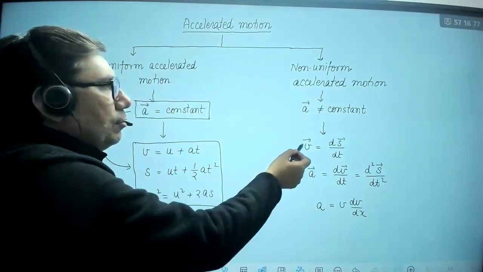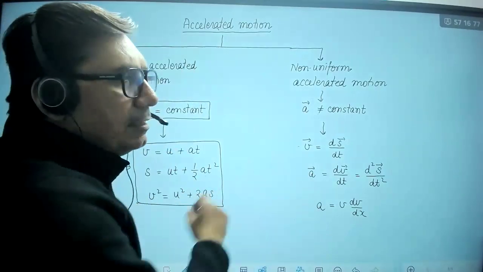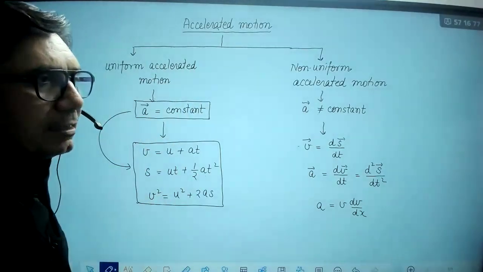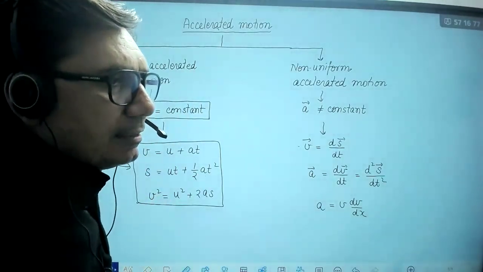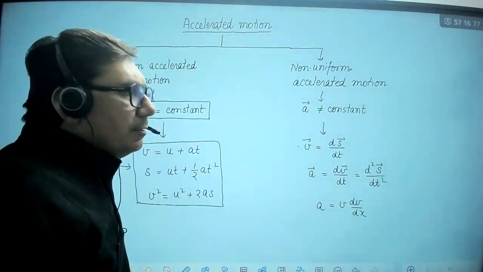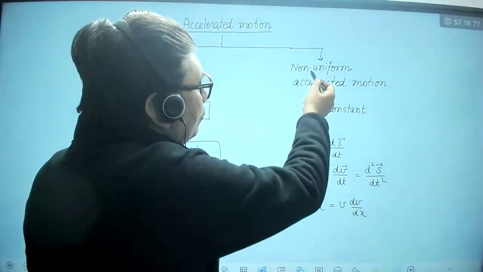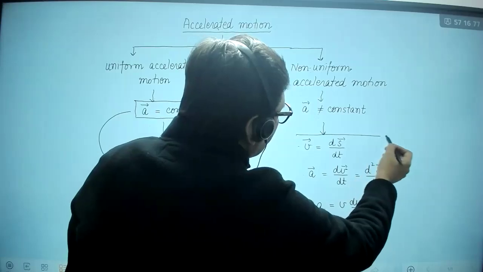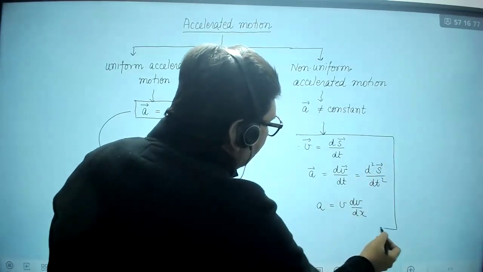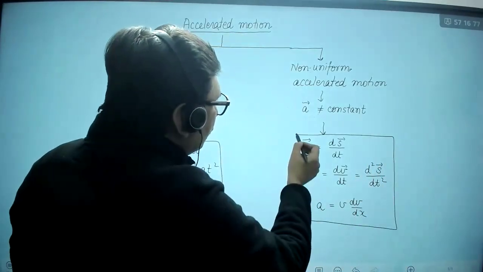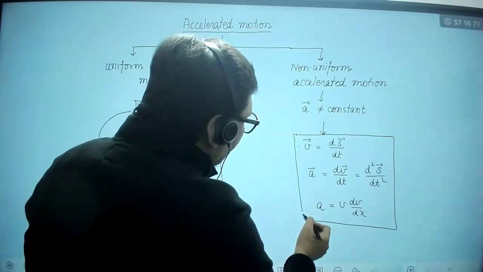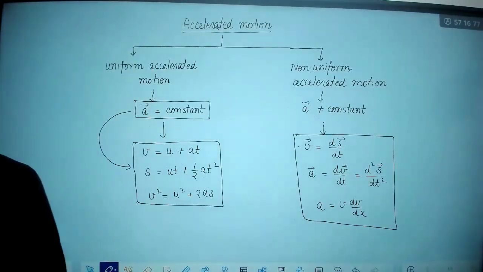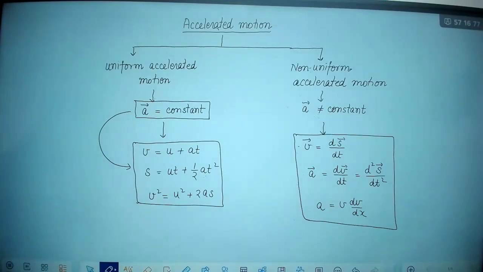These equations you can derive if acceleration is constant, for uniform accelerated motion. And when you have non-uniform accelerated motion, you will go for these basic equations to solve the numerical problem. So these two types of accelerated motion are there.